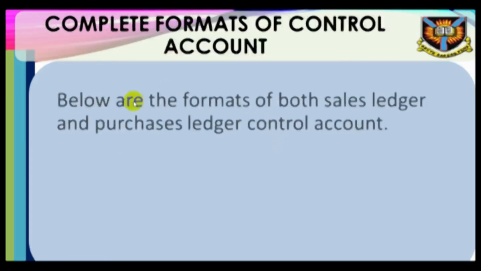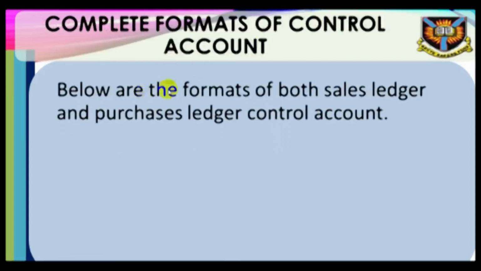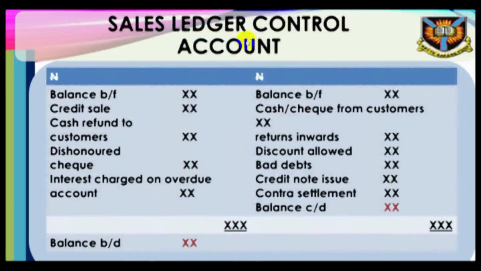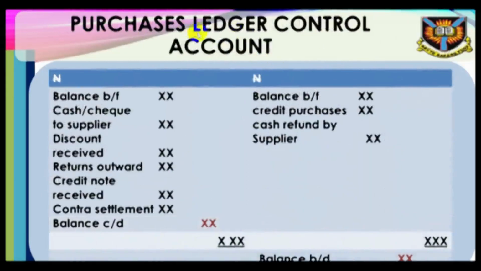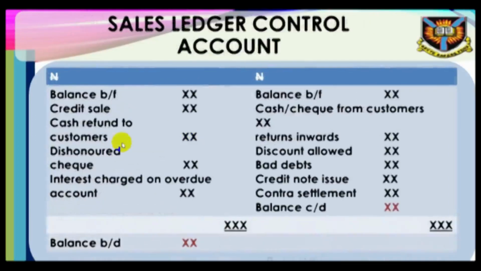Complete format of control account. Below are the formats of both the sales ledger and purchase ledger control accounts. Sales ledger control account. On the debit side, we have balance brought forward, credit sales, cash refund to customer, dishonored check, interest charged on overdue account.